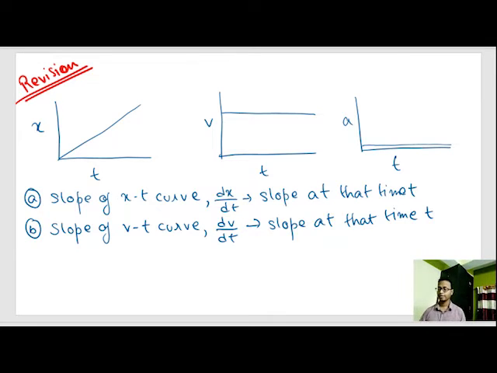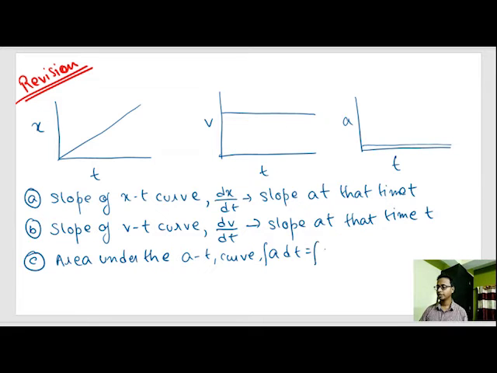Now point number C: area under the curve. The area under the AT curve, which is given by a dt equals dv, is the change in velocity from the starting point of that area to the ending point of that area.